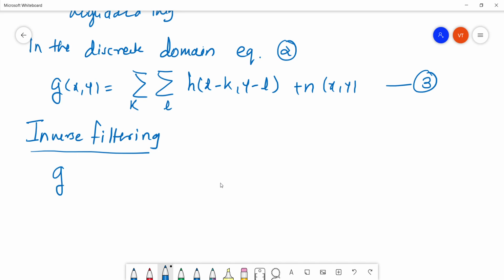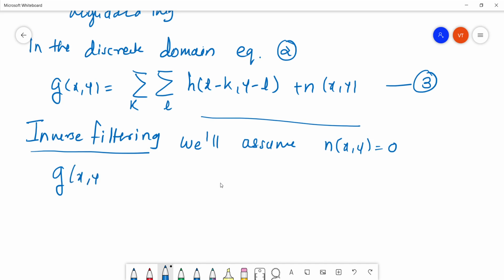So g of x y is already given by this. Now for simplicity we will assume that n of x y is equal to 0. The noise term is 0. So we will get g of x y equal to double summation of h of x minus k, y minus l, into f of k comma l.